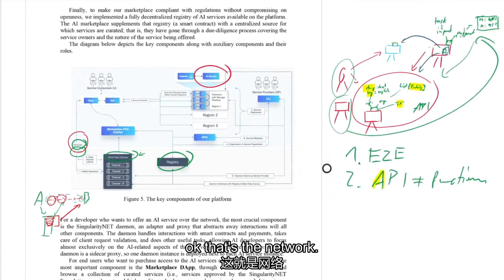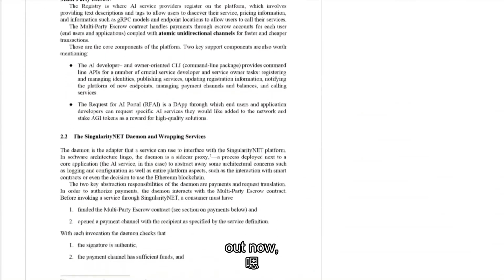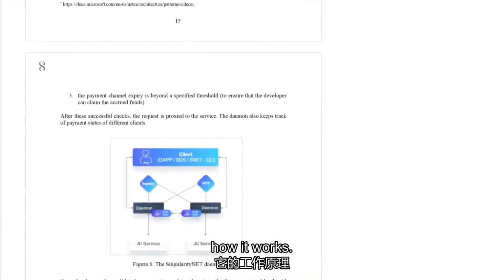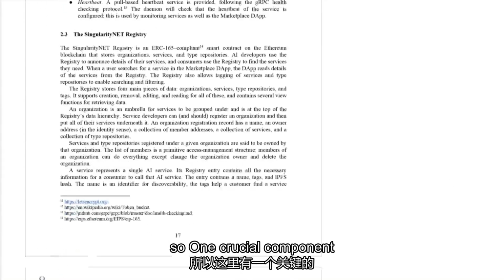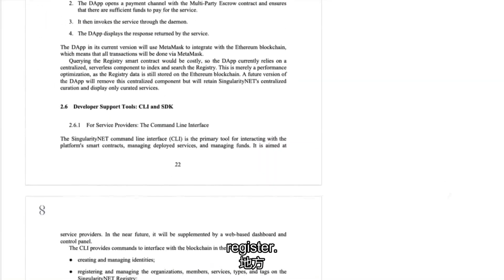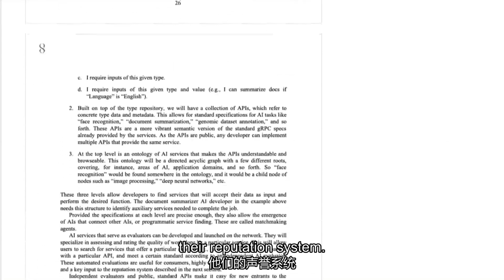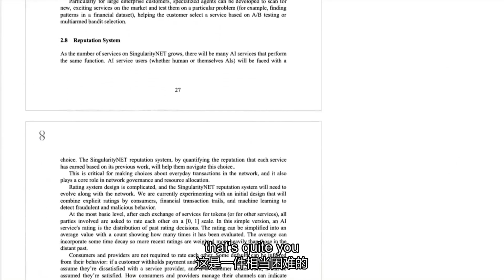Okay, that's the network. There are a few crucial components that I have left out now, but that's essentially how it works. So here's the registry, this is where you register. One crucial component is the reputation system, and this is something that's quite difficult.